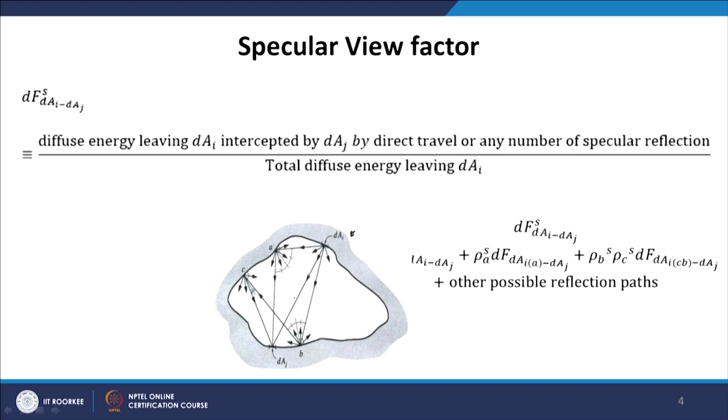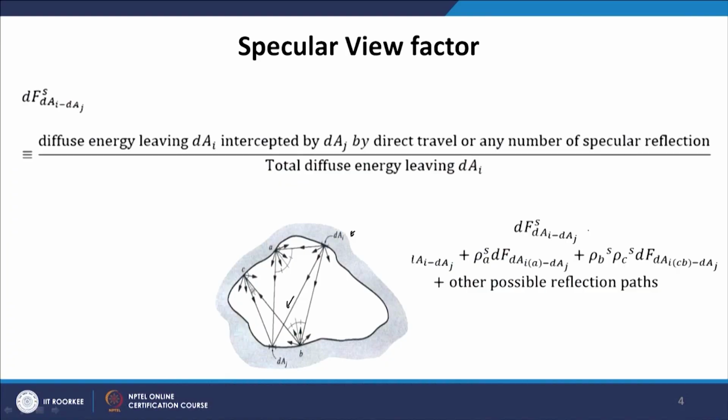Some of this energy directly travels towards dAj, some energy travels towards A and is specularly reflected towards dAj, some energy first travels towards B, undergoes specular reflection at B, is received by surface C, undergoes specular reflection from C, and then arrives at dAj. So, there are direct reflection and multiple reflections that are accounted for in the definition of the specular view factor.